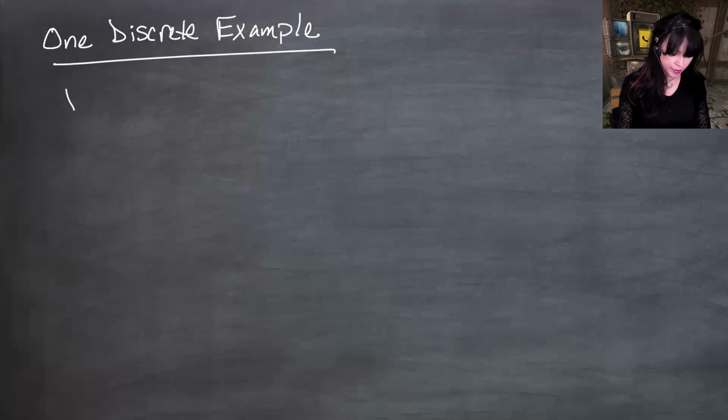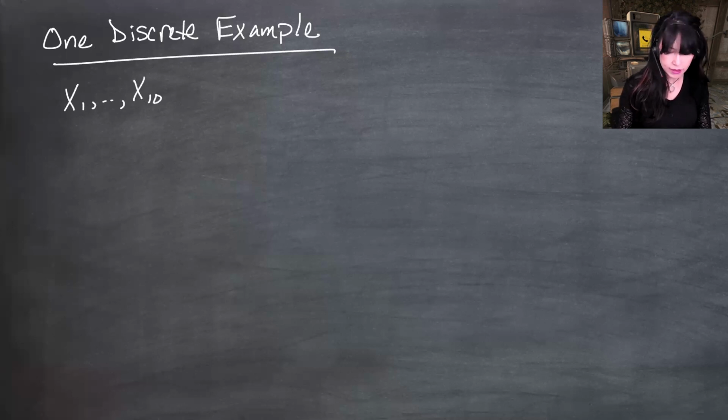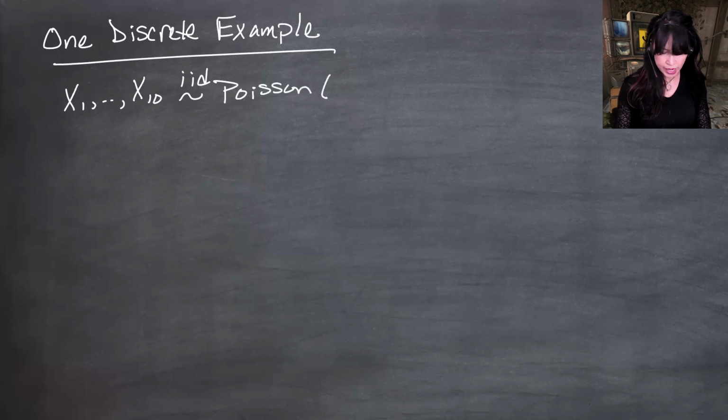Let's pick one. How about I want to look at some things numerically here, so I'm going to make this a sample of size 10. I'm going to fix my n, and I'm going to suppose that these are IID Poisson with parameter theta, say. And let's just look simple versus simple because this is going to be complicated enough.